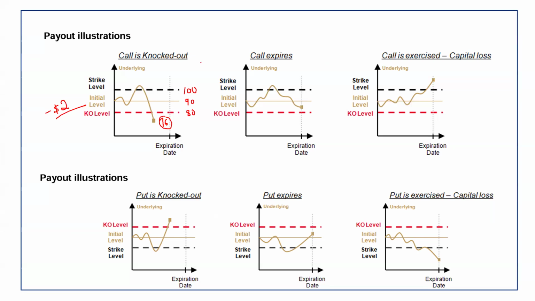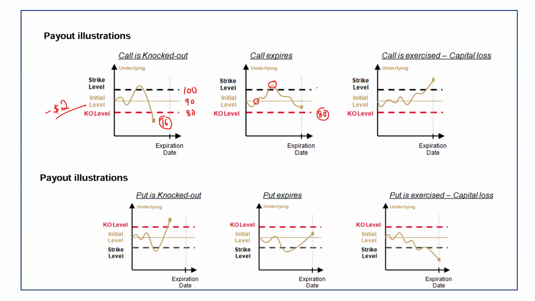Whatever $2 you paid as a premium will be retained by the writer. Now, assuming the stock price was 90, it broke the strike price of 100, that means it became in the money. But during the life of the contract, it did not come below 80, nor at expiry was it above 100.